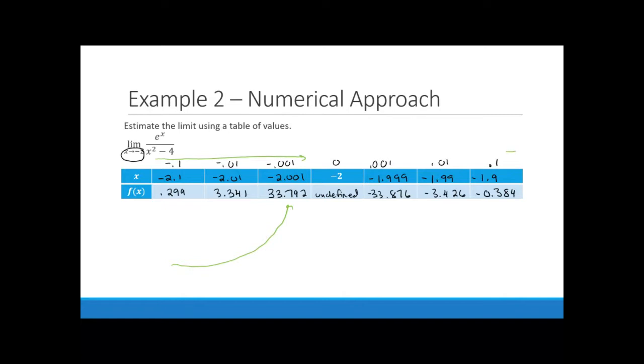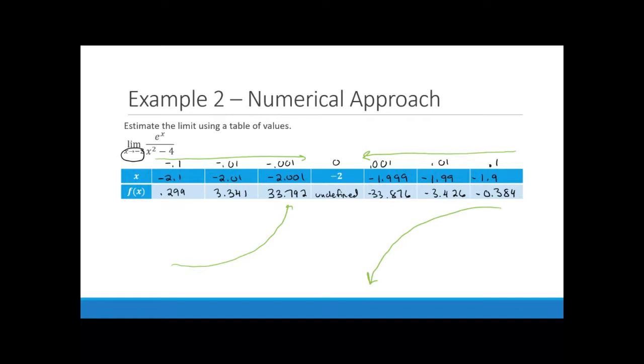And then when we're looking at the right side as we're heading towards negative 2, now our y values are negative, but they're getting more negative. They're going in the opposite direction here. And then we have that point where we're undefined in between. So we're going in two opposite directions here.